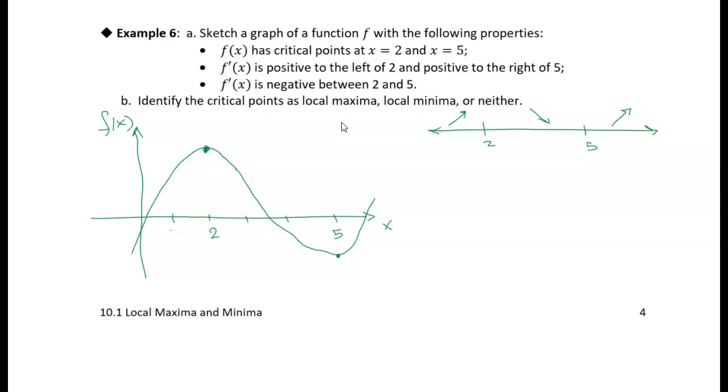I have no idea what the magnitude of any of these points are because I don't have enough information. All I know is I have a local maximum at x equals 2, and a local minimum at x equals 5.